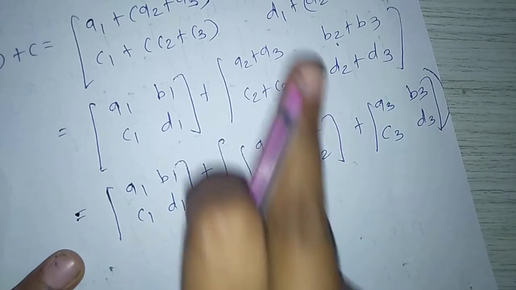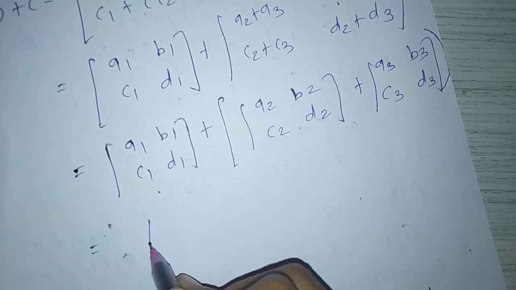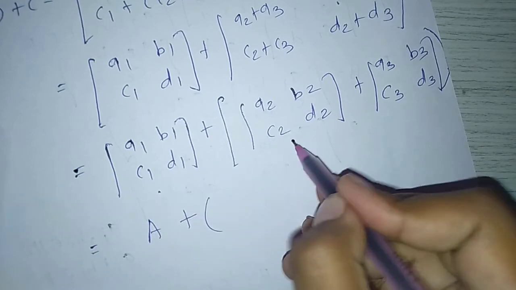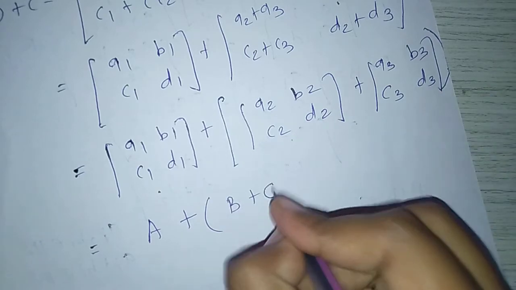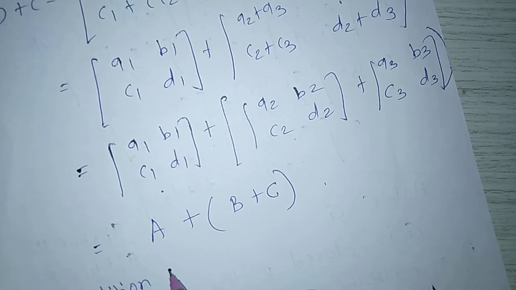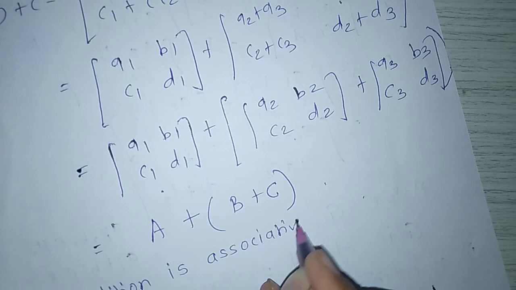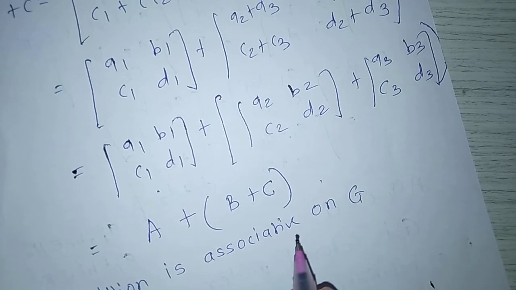Also here no change, which is equal to this matrix, which is nothing but A, plus this matrix, B plus C. Therefore, addition is associative on G, and G is the set of 2 by 2 matrices with real entries.